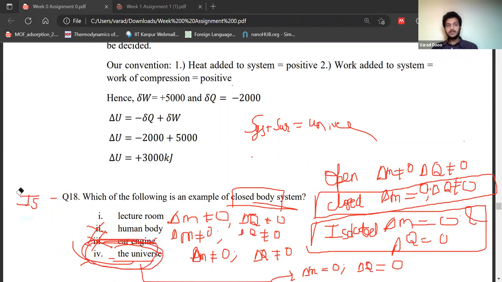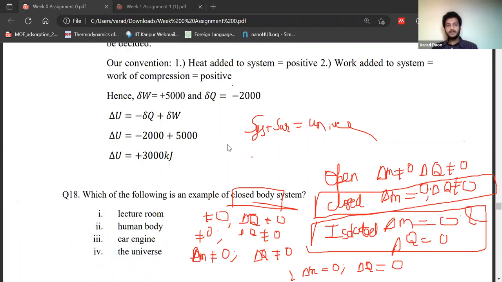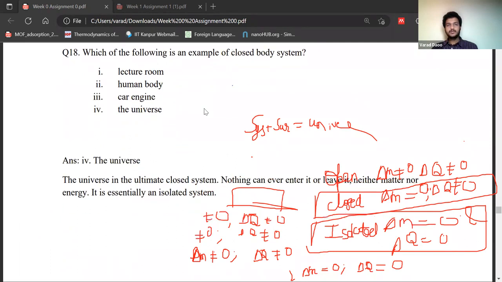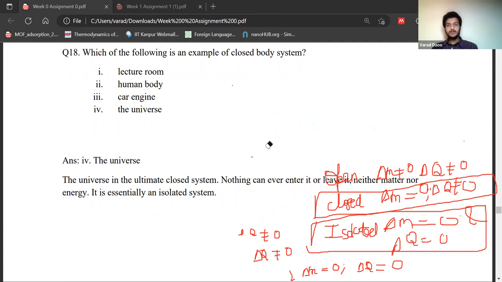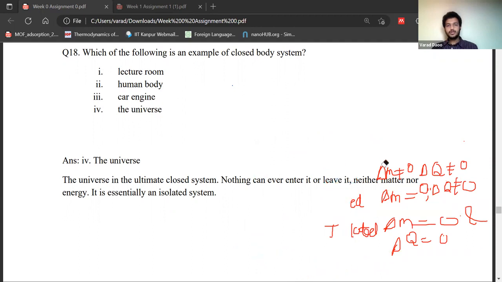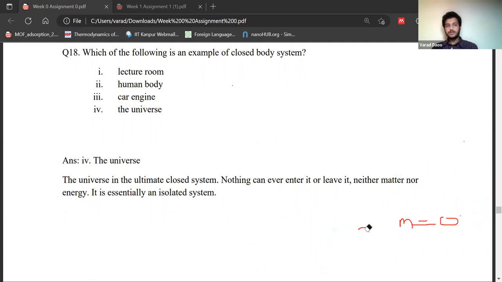Is this clear to everyone? So let us look at the explanation also. So option is 4. Yeah, universe. The universe is an ultimately closed system.